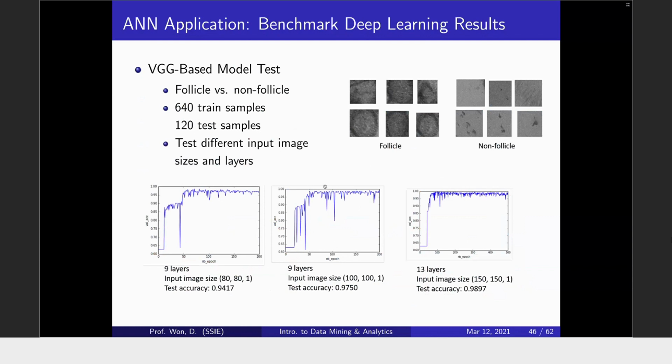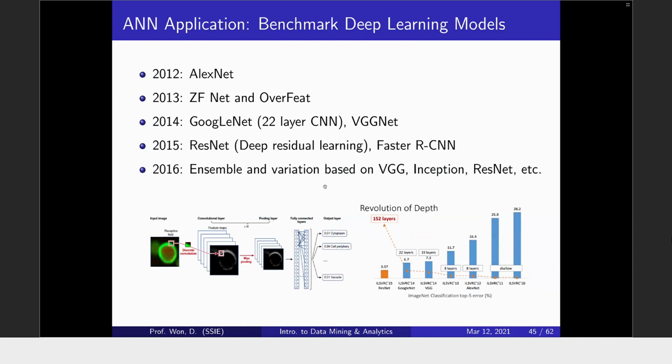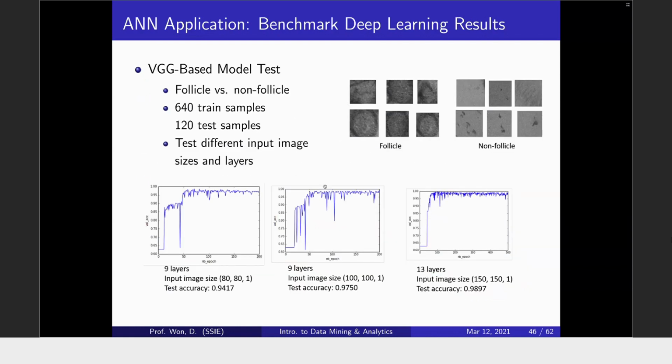One of my research projects involved new medical images of follicles in the human thyroid.